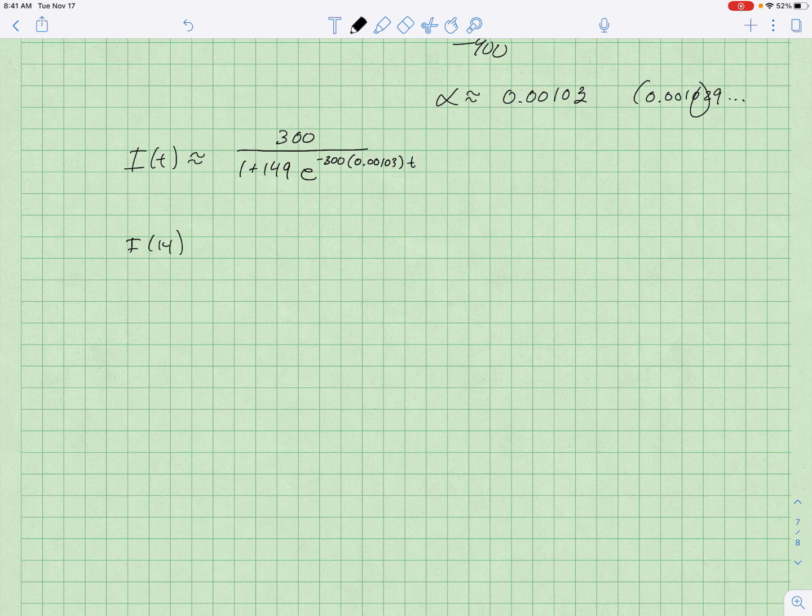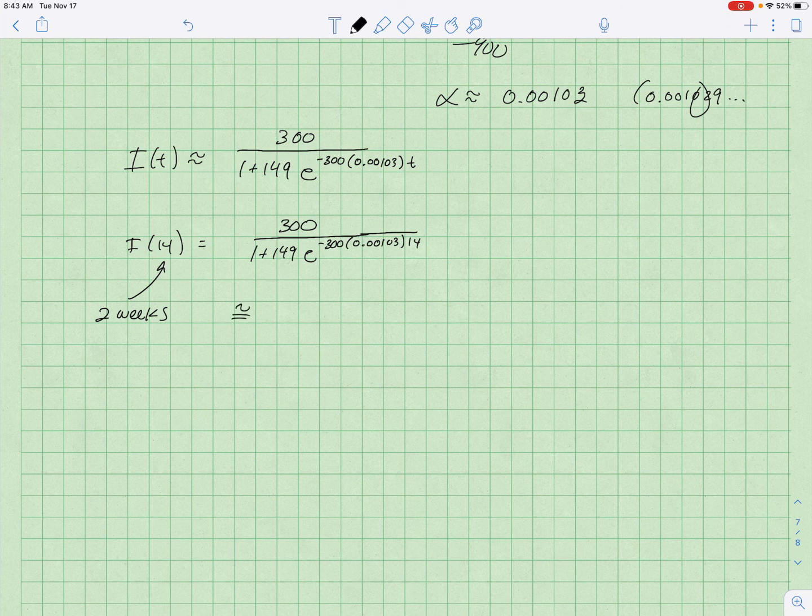So I of 14, 2 weeks in, we have 300 divided by 1 plus 149 e to the negative 300 times 0.00103 times 14. So let's get out our calculator and hope for the best.